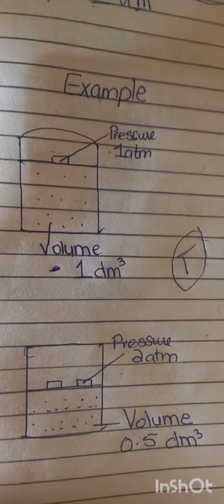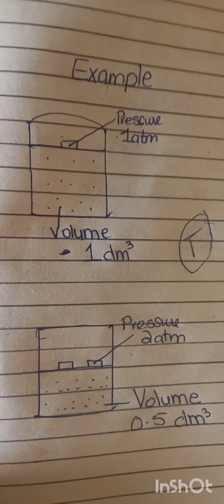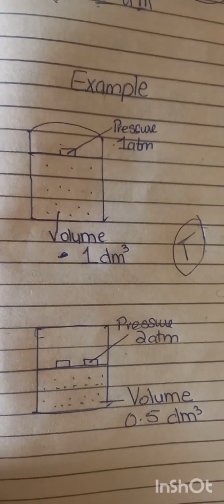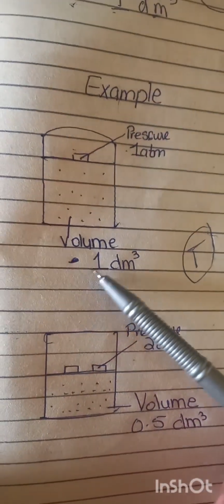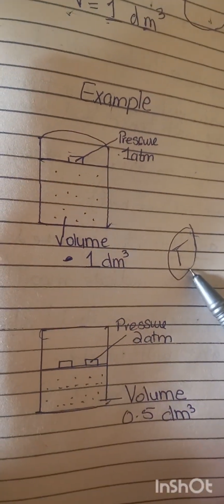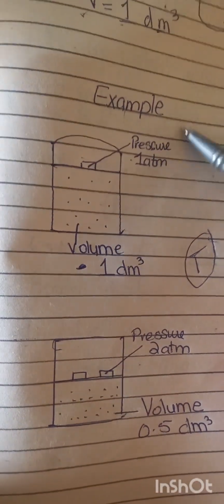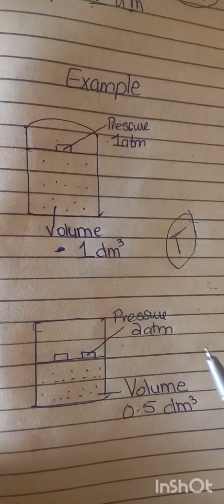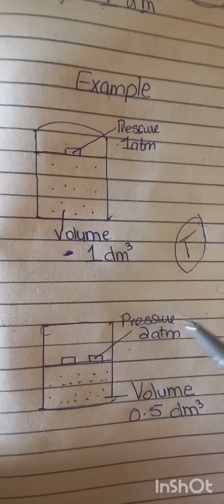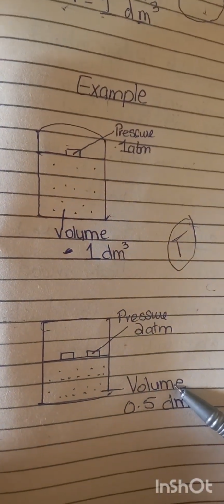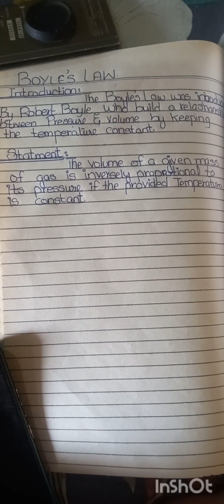So this was the relationship which Robert Boyle built between the pressure and volume by keeping the temperature constant: if the pressure is increased, the volume will decrease. So the pressure is inversely proportional to volume. Now what was his statement?